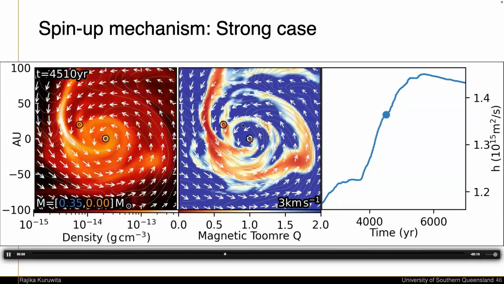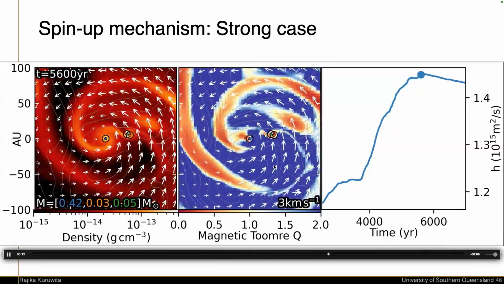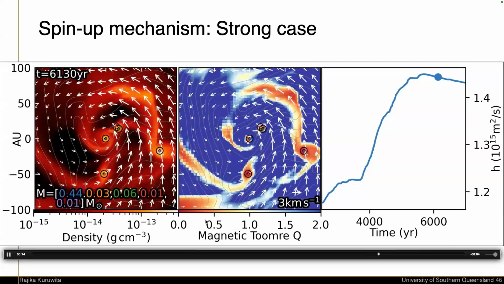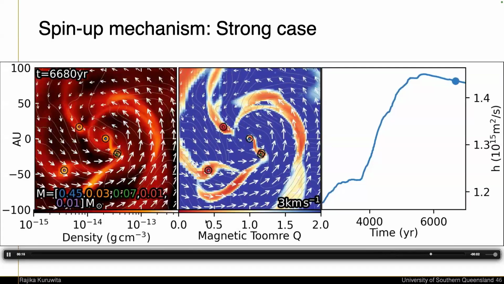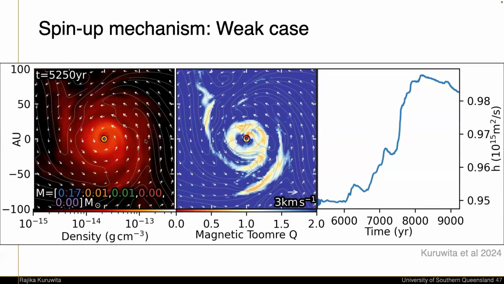We just have mass coming in, and then companions actually formed from the instabilities. It was curious that the spin-up event is initiated before the formation of companions in this strong case.